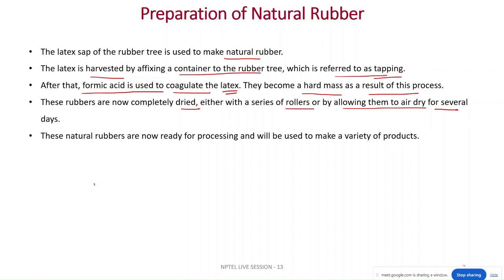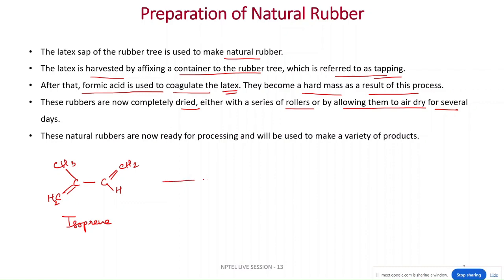I'm giving you the structure of isoprene. So this is isoprene.